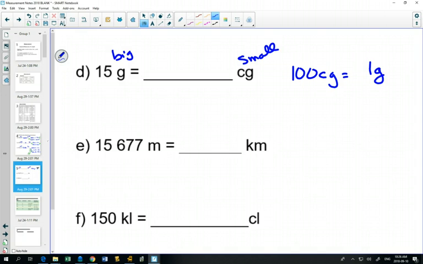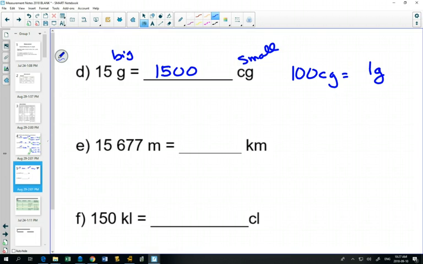And when we're going from big, if we have a bunch of big units, and we want to say how much they are in smaller units, you're going to need more of the smaller unit. So going from big to small, we're going to need to multiply. So we would multiply by 100, and we'd get 15, multiply by 100, got a little bit zero happy there, and we would get 1,500 centigrams.